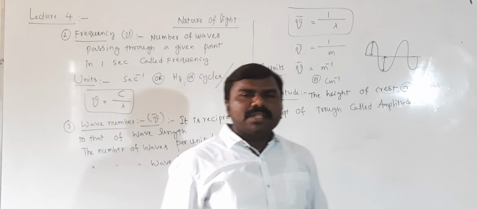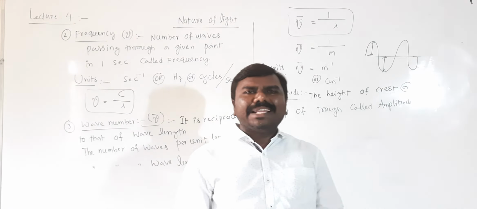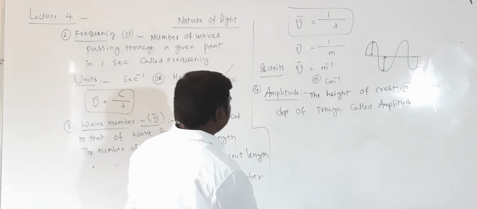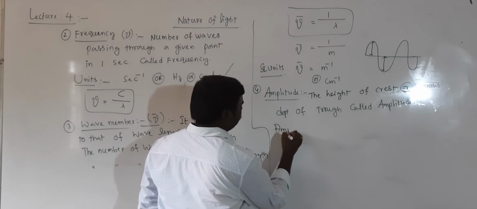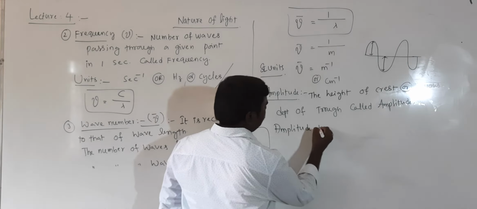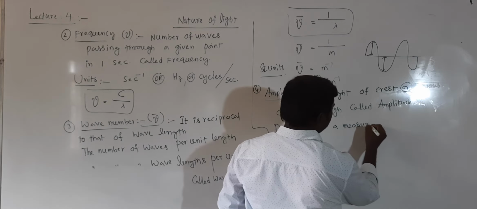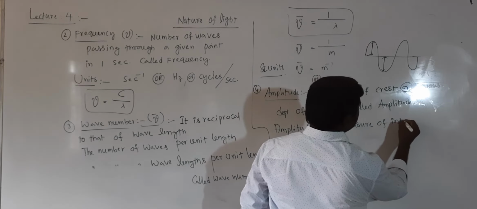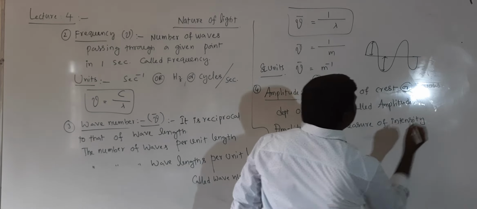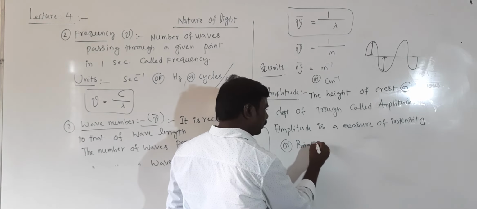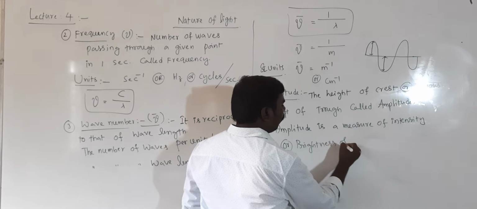Generally, amplitude is a measure of intensity, nothing but the brightness of your light. Amplitude is a measure of intensity or brightness of light.